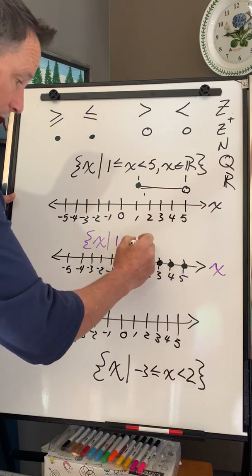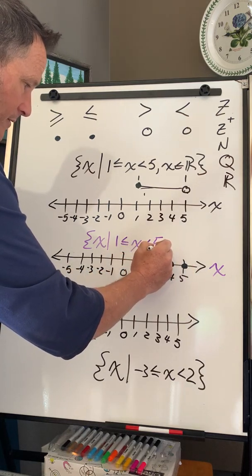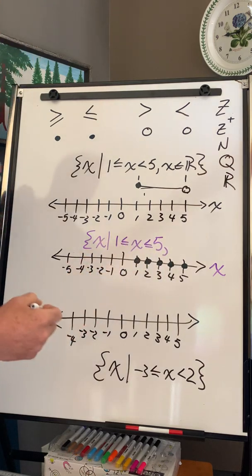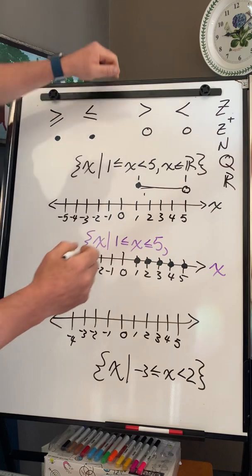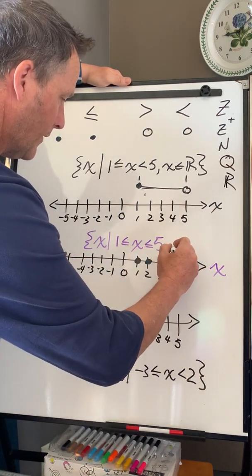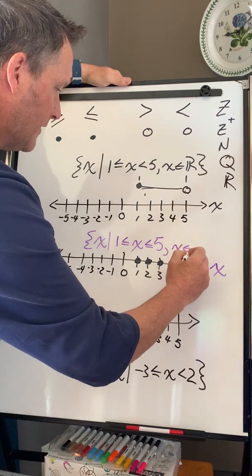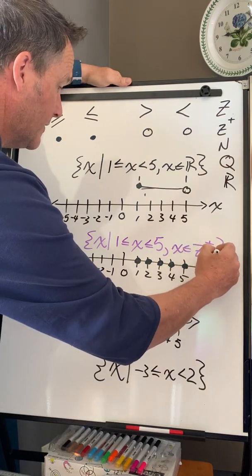These are all solid dots, so I'm still going to use less than or equal to 5. But now here's the difference. These are all positive integers because there's no numbers in between. So X is an element of the set Z positive.